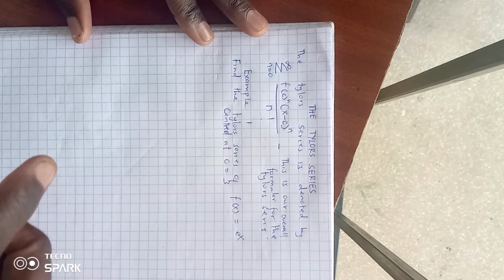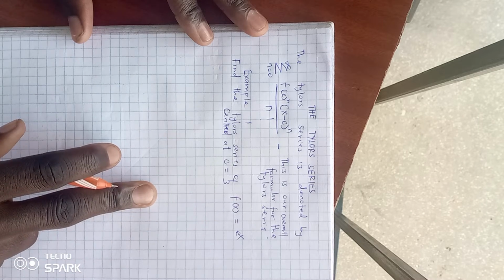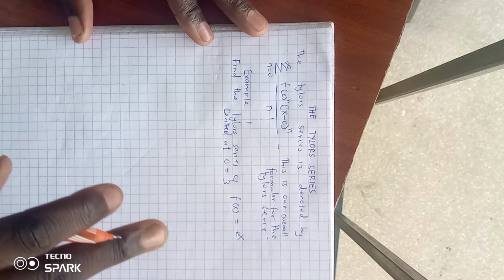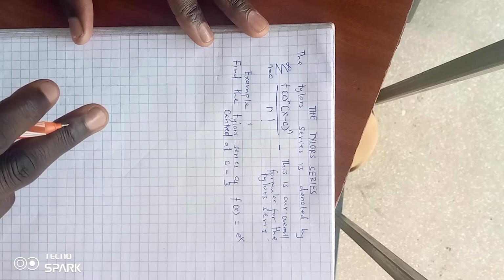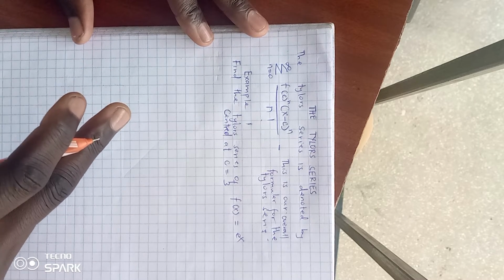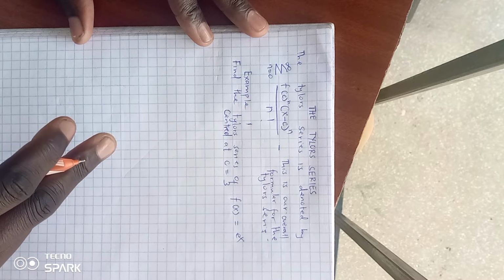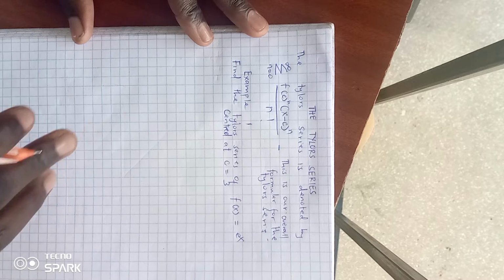First of all, we have to list the derivatives of e exponential, from 1 to any number you can, since it runs to infinity. So for me, I'll do it up to the fifth derivative.